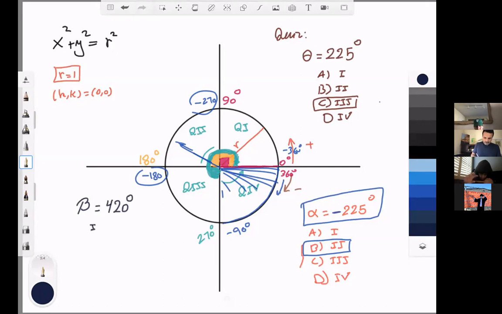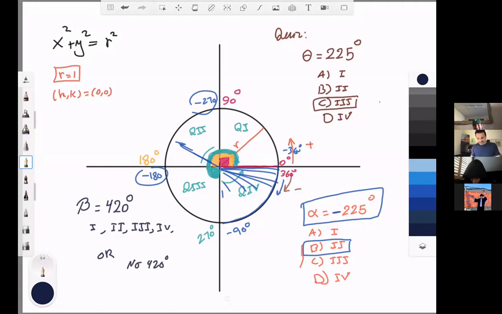Is that quadrant 1, quadrant 2, quadrant 3, quadrant 4, or doesn't exist? No, 420. That's quadrant 1. Sorry, quadrant 1.